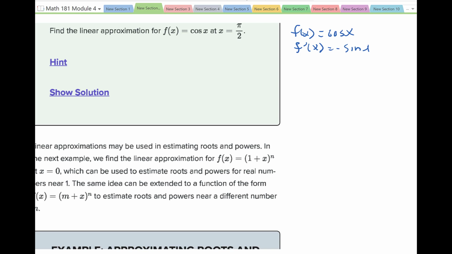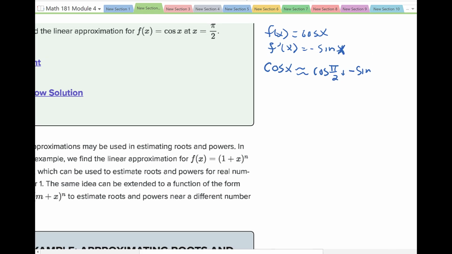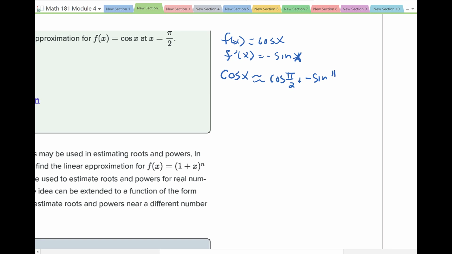So our cosine of x will be approximated by cosine of pi over 2 plus negative sine of pi over 2 times x minus pi over 2. So whatever x value you were trying to approximate, you plug it in there.